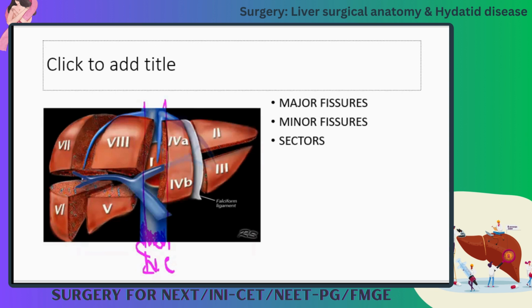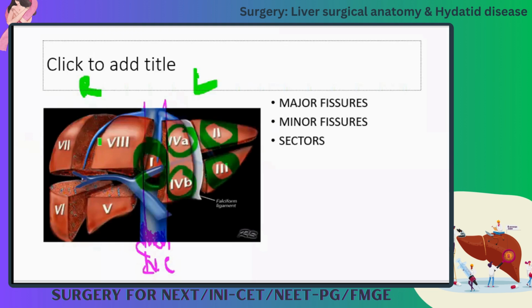So see the picture now. This is the left and this is the right. So see here, this is 2, 3, 4A, 4B, and 1 goes inside. Then 5, 6, 7, and 8.